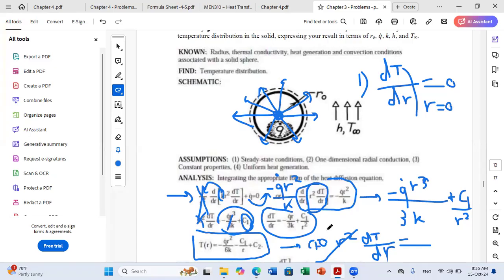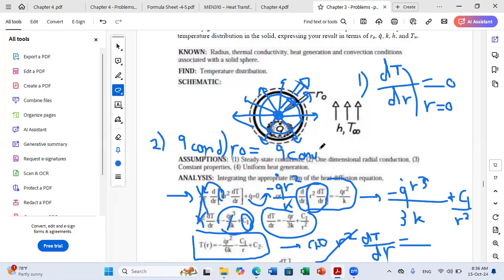Now, the second condition is at the free surface. As usual, if you take a thin control volume at the free surface, what can you say? You can say that heat will enter this control volume by conduction and will leave the sphere by convection. So condition 2 will be that Q conduction, and pay attention here, Q conduction is varying within your sphere, at R0 at the outer surface is equal to Q convection to the outer environment.